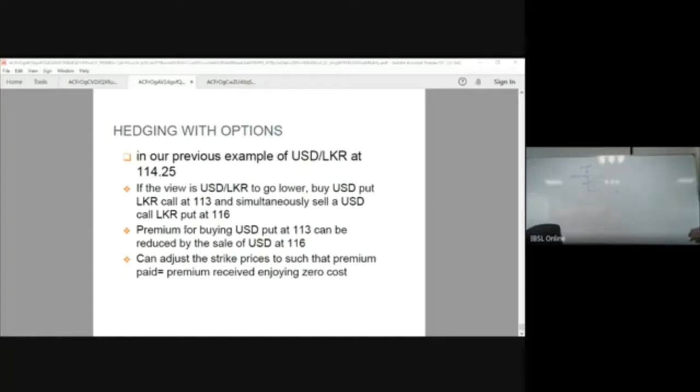But before we go to the example, it was a zero cost option that caused problems for CPC. I think I explained last week.